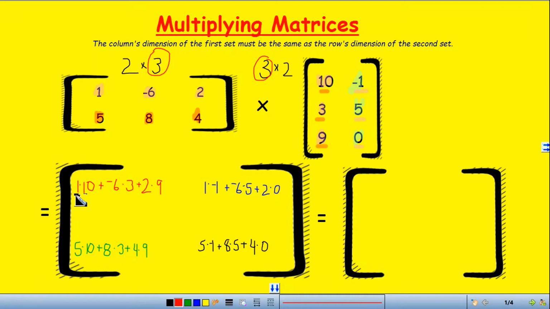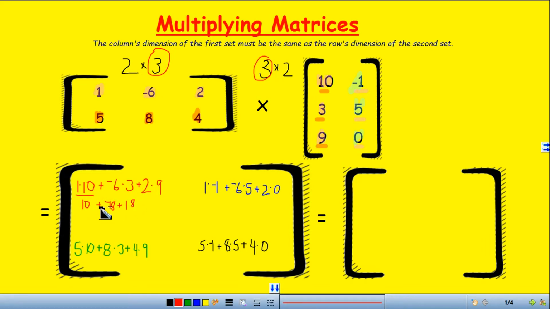We have 1 times 10, which is 10. We're going to add that to -6 times 3, which is -18. And we're going to add that to 2 times 9, which is +18.